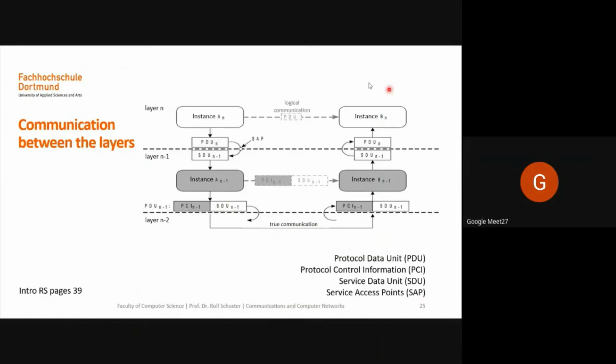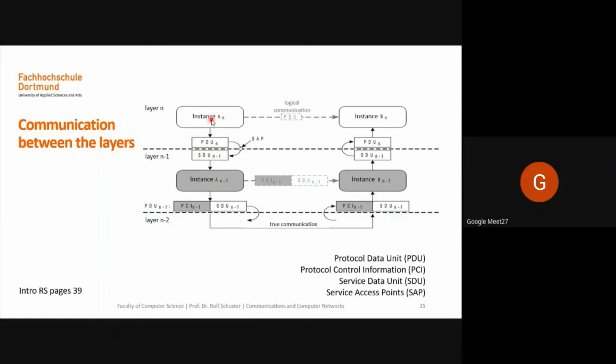In this picture, we could observe that we have different entities from different layers. That is, for instance, the layer N, generally speaking, the layer N-1, the layer N-2, and in that way.